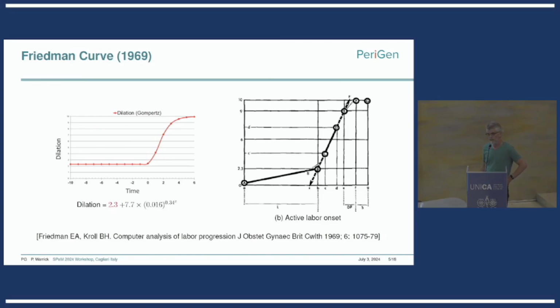But in practice, clinicians rarely follow these guidelines very well, and so having a model of labor progress would be very helpful if it could inspire more confidence in the clinicians, because clearly, as much as Dr. Friedman's work took labor progress into the modern era, it did not have enough capacity to describe the variability of labor.